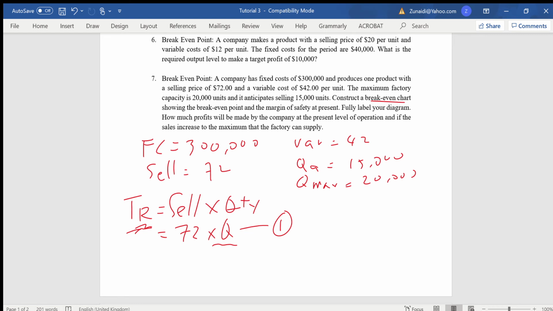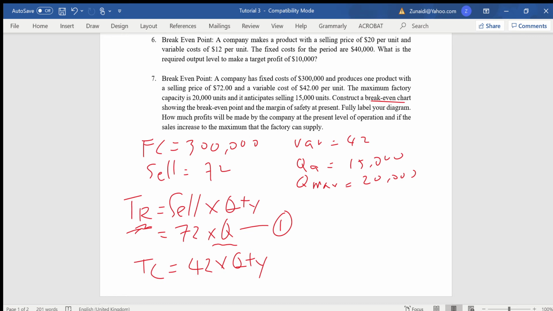And then one more is TC, total cost. Total cost always refers to the variable cost plus fixed cost. The variable cost always refers to the quantity of production of that day. So variable cost here is 42 multiplied by quantity, because variable cost refers to the volume of production of that day.